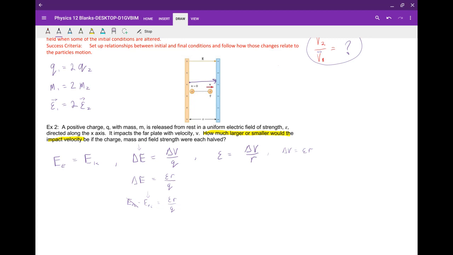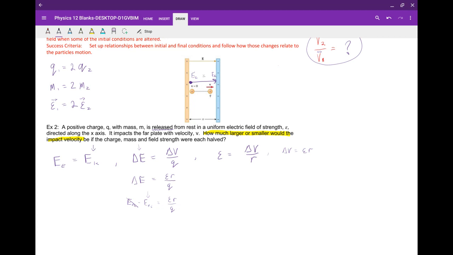And then also our change in kinetic energy. Since it started from rest, because it says it's just released from rest, it means my kinetic energy was 0 at the beginning. So basically, I had 0 kinetic energy and a bunch of electrical energy here. And then over here, I have all kinetic energy and no electrical energy.